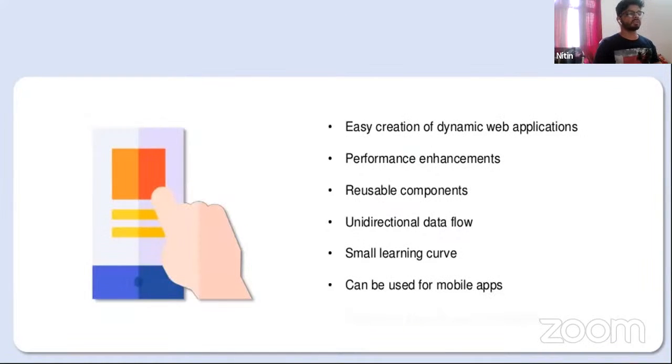There are also some frameworks or extensions of React that allow you to build mobile apps. If you have used Airbnb or Messenger, these apps use something called React Native to develop mobile apps for iOS and Android.